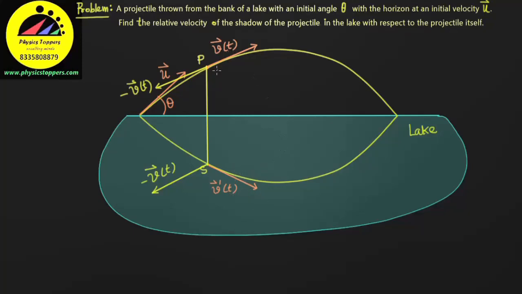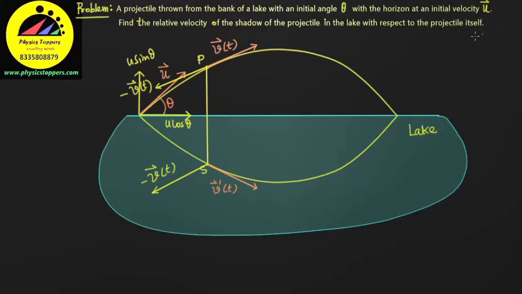Now let me find out what's the value of Vt first. So let me break it into components. As far as u is concerned, this initial velocity has two components, right? One is in the horizontal direction, so this doesn't change, and the vertical direction of course is u sine theta, right? So this is u sine theta and this is u cosine of theta.